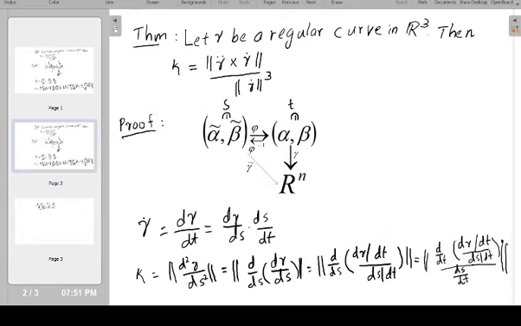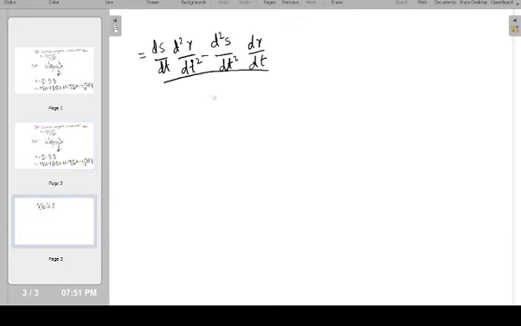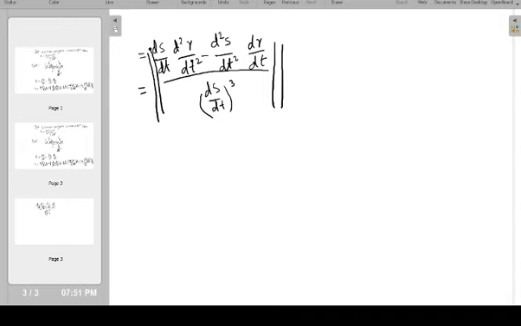So what is the denominator square? ds by dt whole square, and another ds by dt is here, so ds by dt whole cube. There is a norm here, and this is what I get.